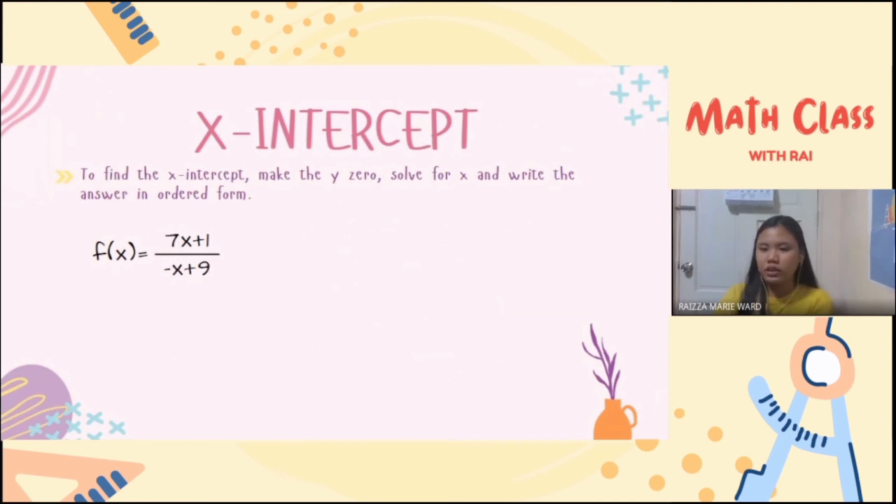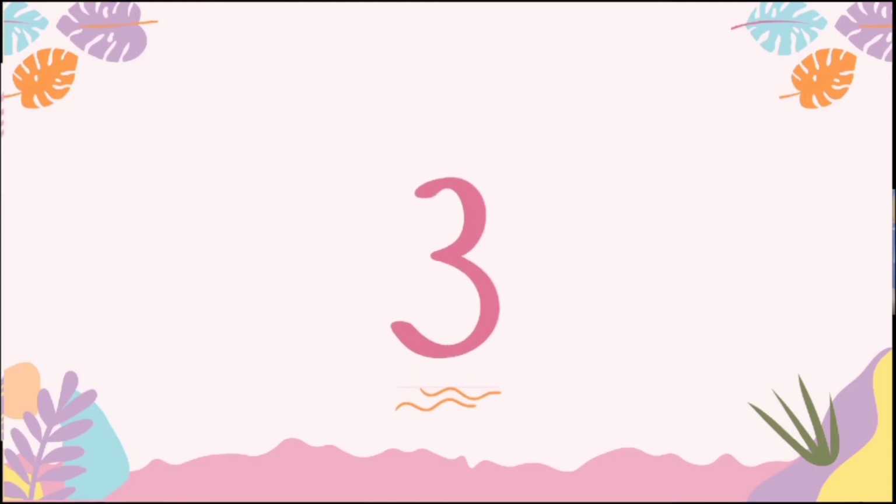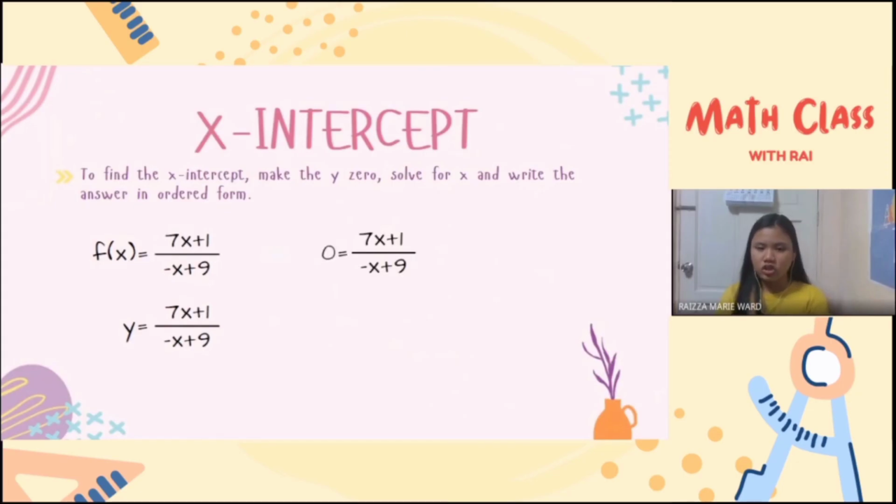As usual, pause the video and try to solve the next given. Change y to 0. Multiply both sides sa negative x plus 9 para makancel yung denominator. Cancel.